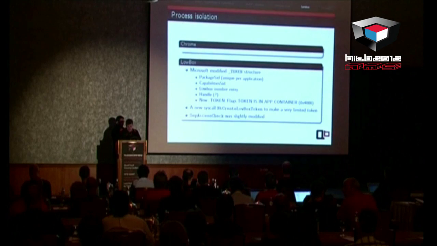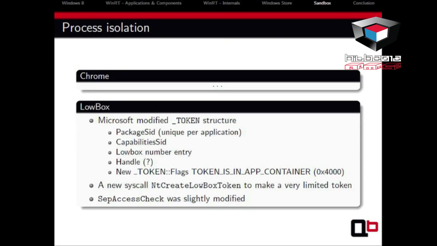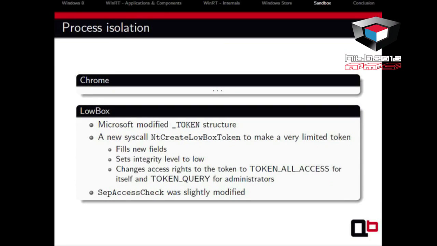On the Microsoft side, they decided to implement isolation in the kernel. Basically, they modified the token structure, which adds several fields like package SID and capability SID, and designed a new flag which tells if the token is in app container or not. If you want to create an app container token, you must call CreateLowBoxToken, which initializes the new fields, sets the integrity level to low, and changes access rights to all access for itself and only query for administrators.